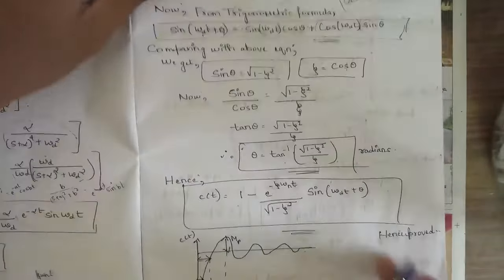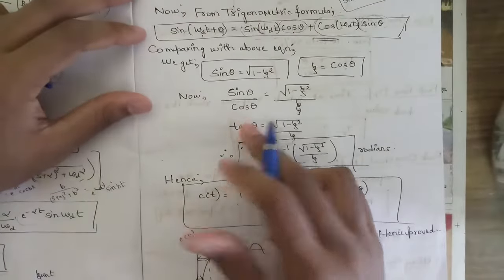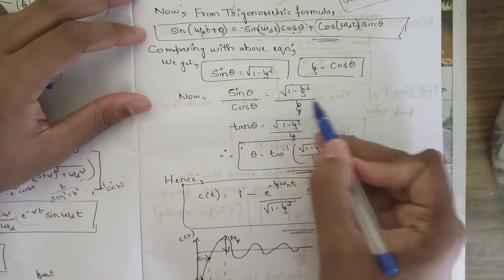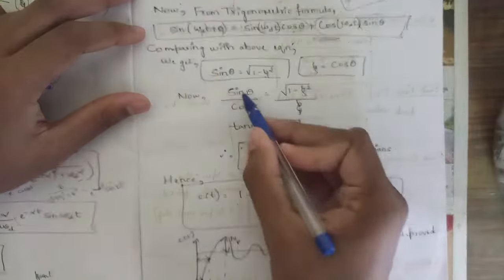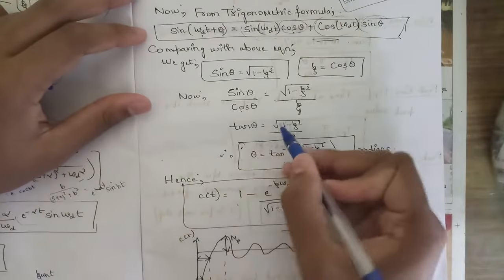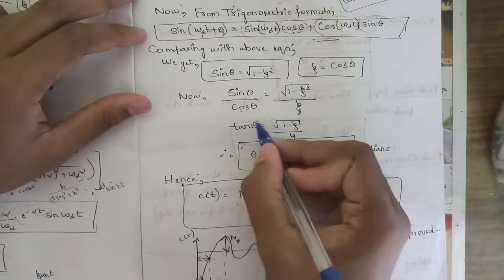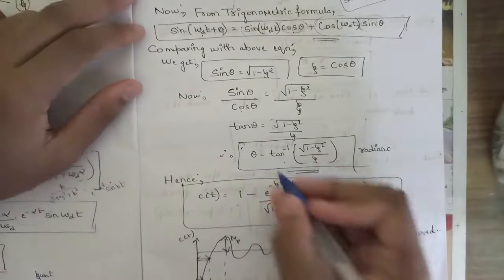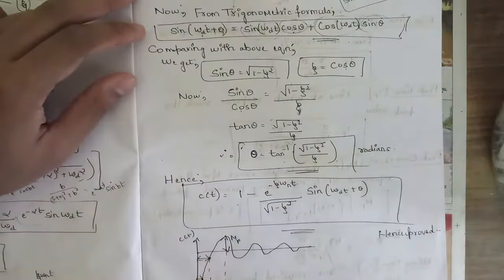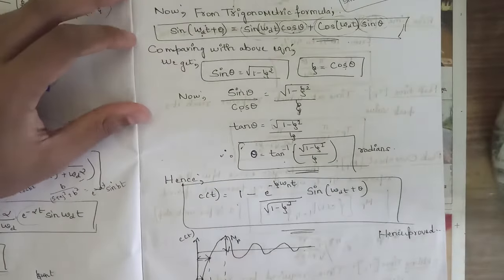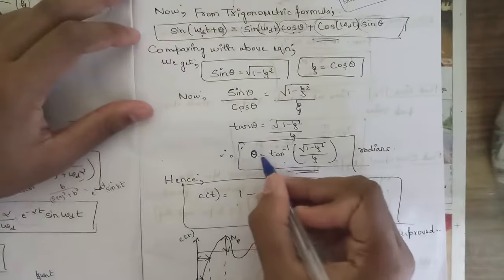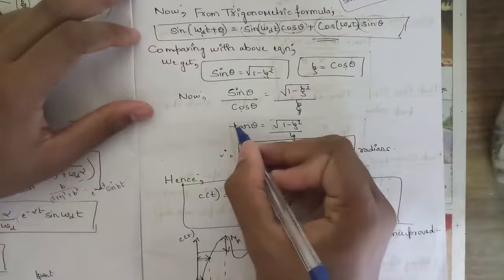So now what we can write, sin theta by cos theta is equal to square root of 1 minus zeta square divided by zeta, that is sin by cos is tan, so tan theta is equal to square root of 1 minus zeta square by zeta. So from this expression we can get the value of theta, that is the angle of the time response, theta is equal to tan inverse of square root of 1 minus zeta square divided by zeta.